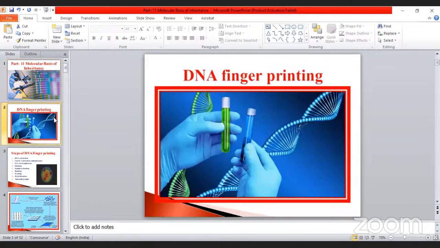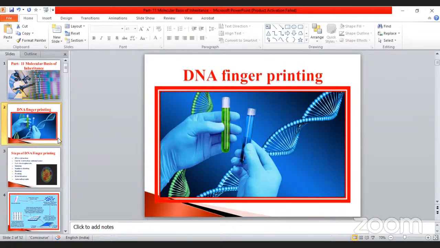Before that, when you are going to analyze the DNA fingerprint, you must know some process and technique, isn't it? We cannot isolate the DNA molecule directly. There are some principles and procedures followed in the laboratory.